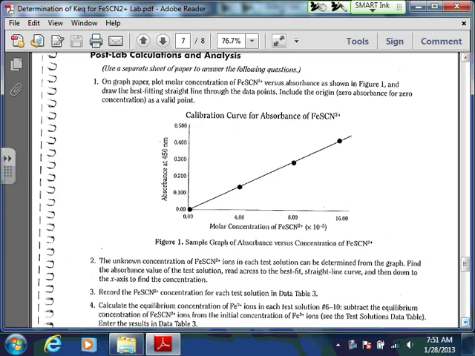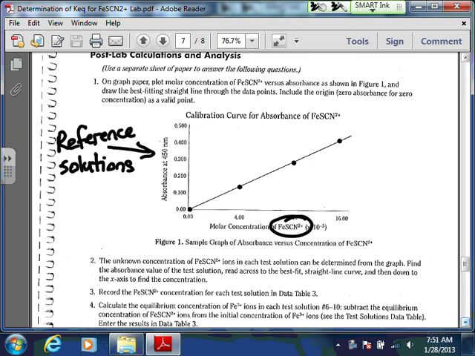This graph right here is going to come from your reference solutions, because we know the concentration of our FeSCN2+ in our reference solutions. We have so much of the iron nitrate, iron 3 nitrate, that we're going to push the equilibrium all the way to the right, and all of the SCN minus equals the FeSCN2+.